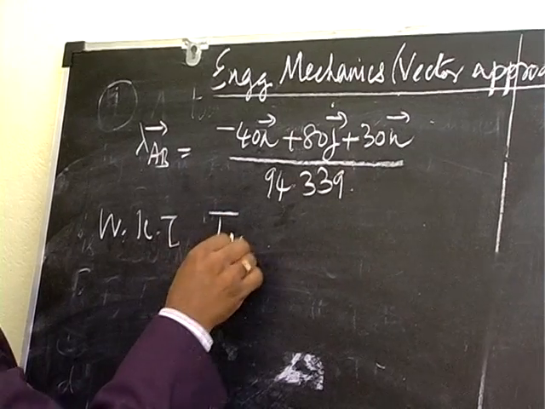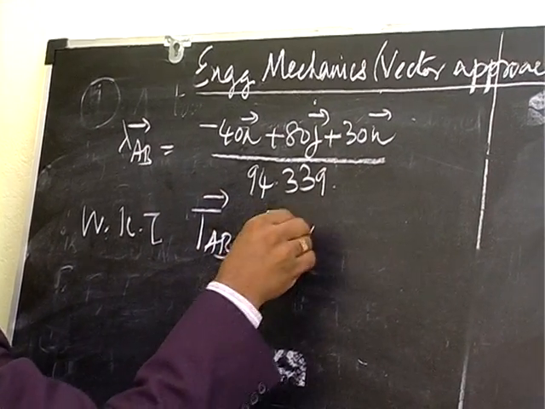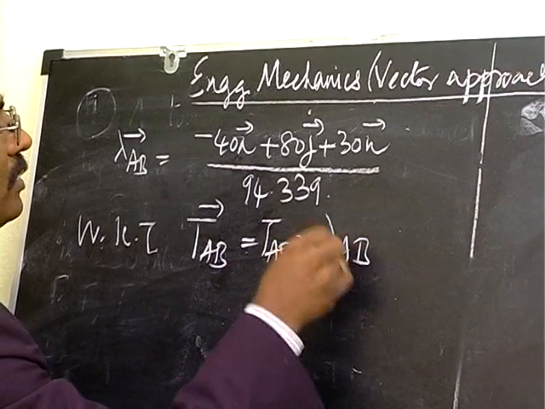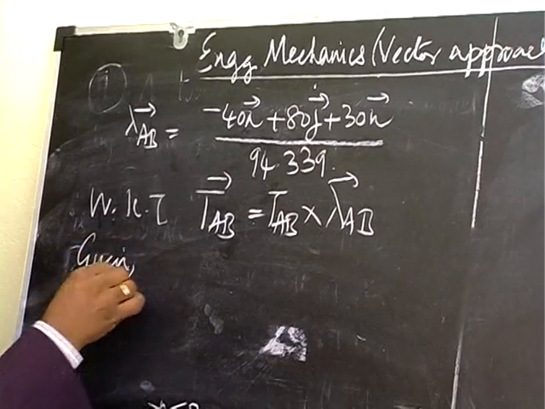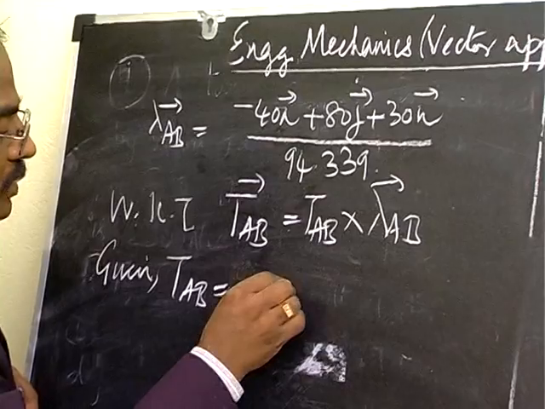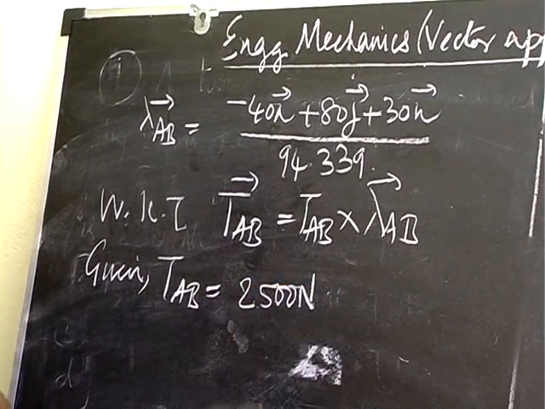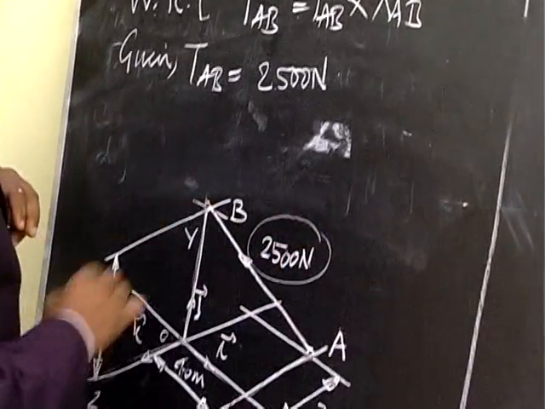We know that TAB vector is equal to TAB multiplied by lambda AB. Given TAB as 2500 Newton, that is, the tension in the wire along AB is given as 2500 Newton.